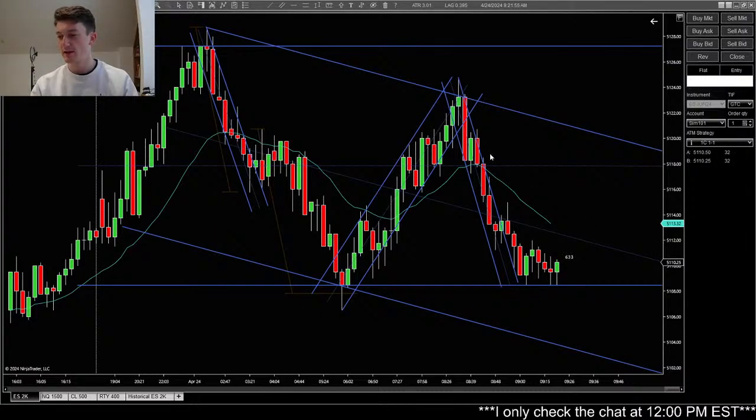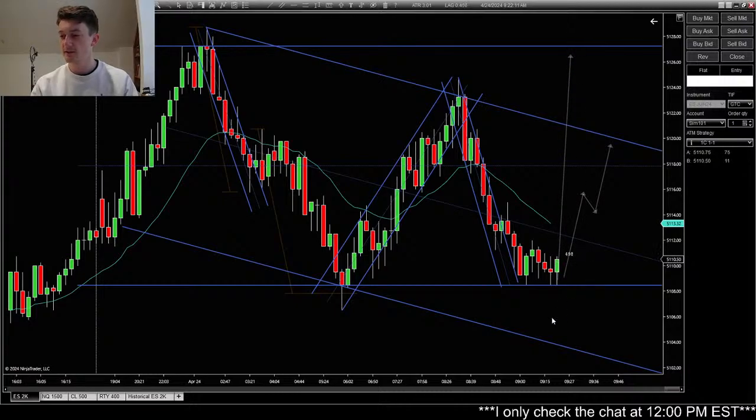I'd say the more likely scenario, because this downtrend has already played out, is that we find some support here, at least for a full correction trend, although we could possibly come up to these highs.